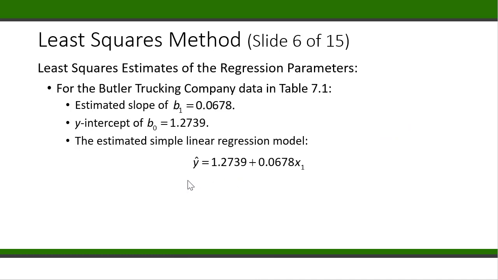And so then y hat, when we write out our equation, is this intercept plus b1 times your x. So if this is the first observation, this then would be the predicted y for the first observation.